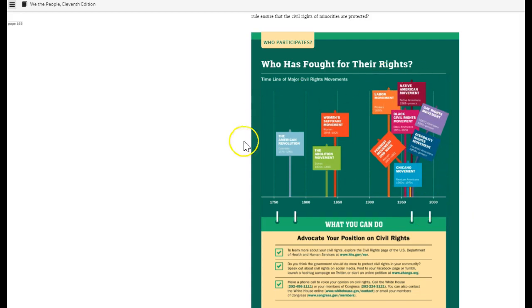This was the most surprising thing of all. Not just this graph here, just the juxtaposition, the American Revolution with everything here, with just calling all of this civil rights. I mean, it's just crazy.